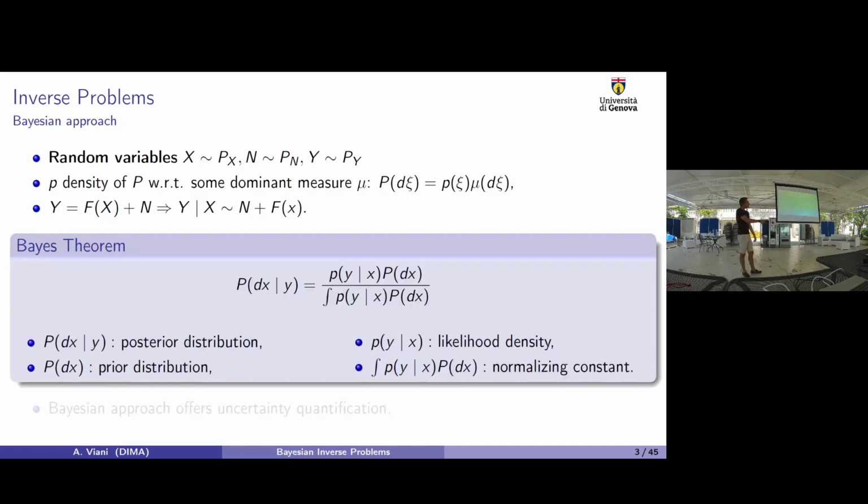Okay, so we can write down the Bayes theorem, assuming just that the likelihood, so the density that tells us the probability of having measured y, given some configuration of the unknown x, as the common Bayes theorem may be a little different, because here we are saying that the measure that gives us the posterior is nothing but the product of the likelihood times the prior.